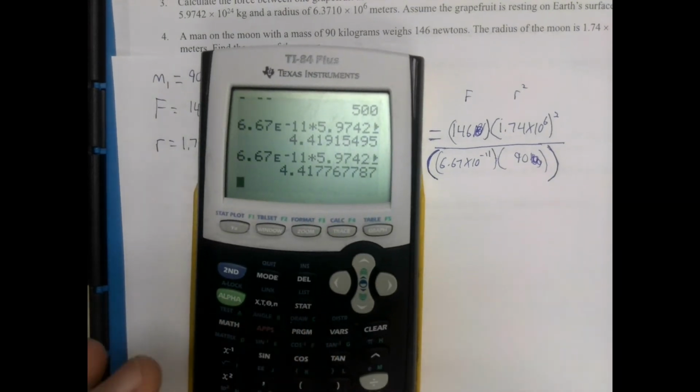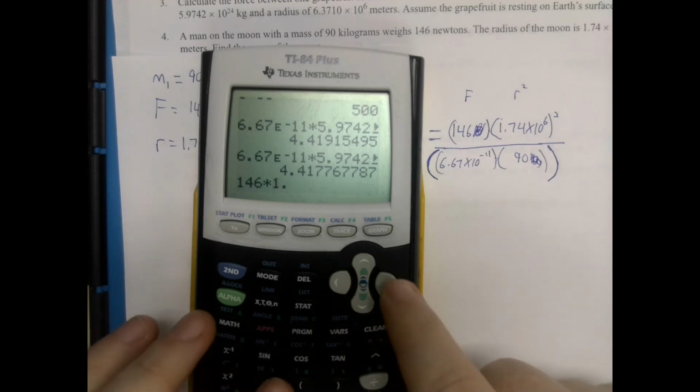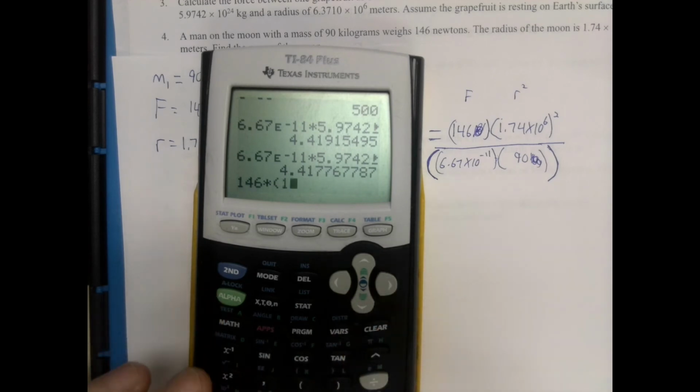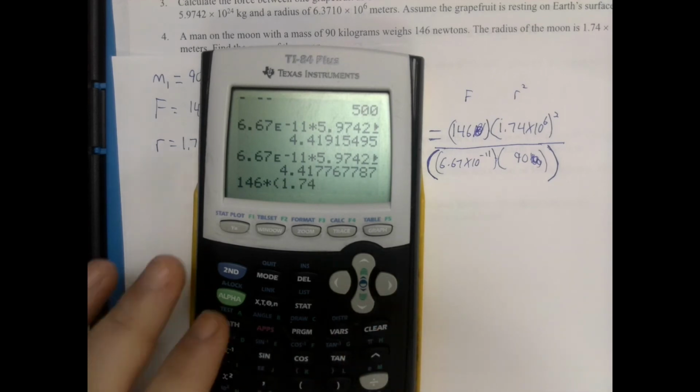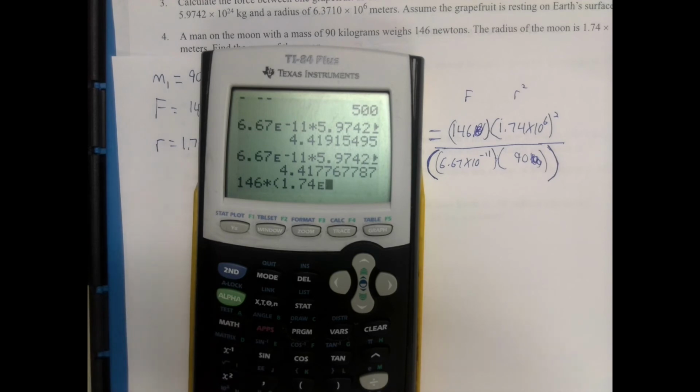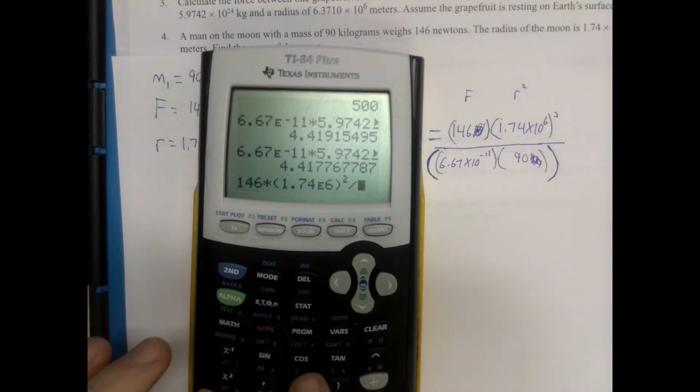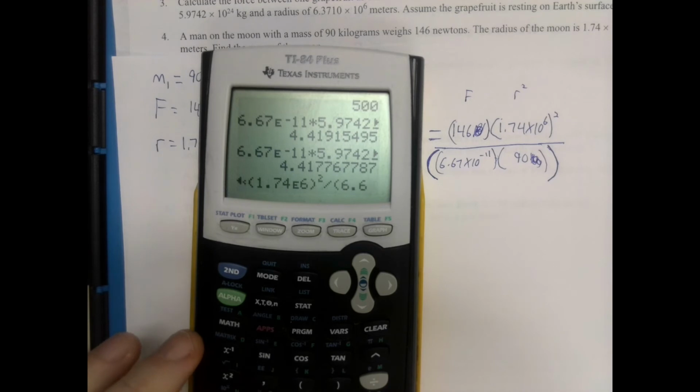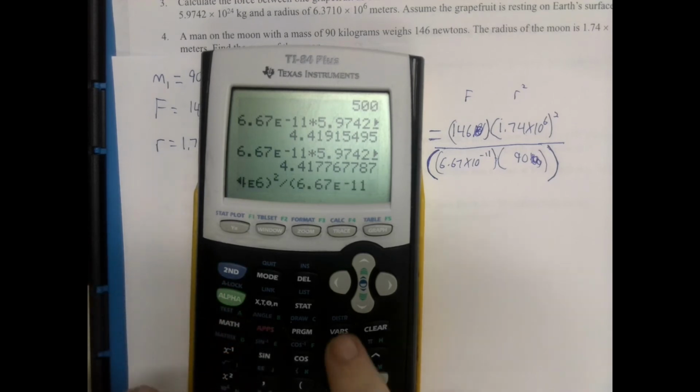So typing it in, that'll be 146 times 1.74 E6, in parentheses, close parentheses squared. Then divide, and I need to put the entire denominator in parentheses, 6.67 E negative 11.